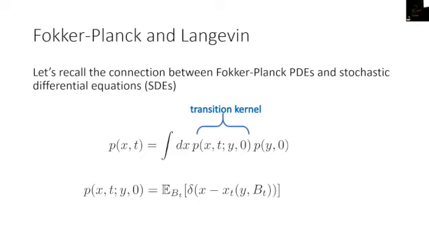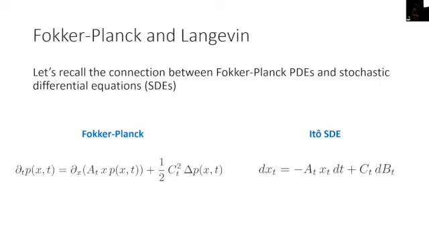And then if you don't know where your original particle is, you just look at where it might go over all the different possible initial positions. So that's the convolution. That's how you relate the PDE to the SDE. And in general, if you have an arbitrary linear stochastic differential equation, then there's a Fokker-Planck equation corresponding to it.